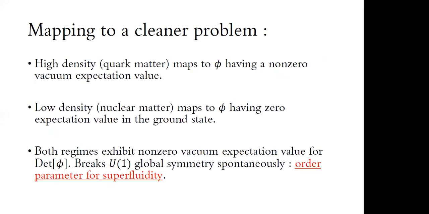So this is what I was just saying. Inside high density, phi has a non-zero vacuum expectation value. Inside low density, phi has no vacuum expectation value. Now, in both regimes, however, the determinant of phi has non-zero expectation value, because if you remember, the 6-quark operator had non-zero expectation value in both cases.